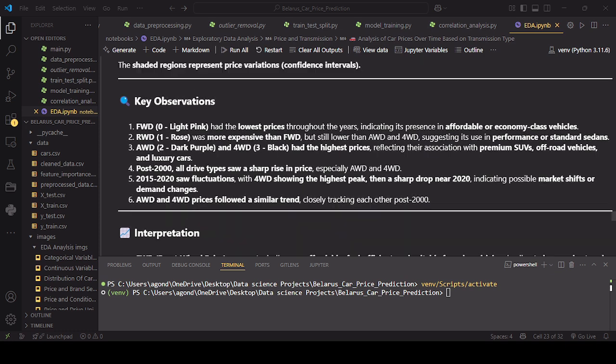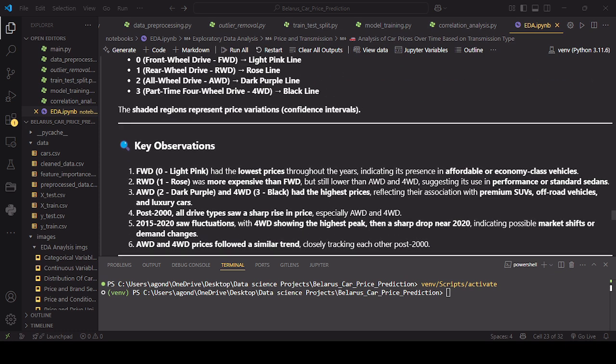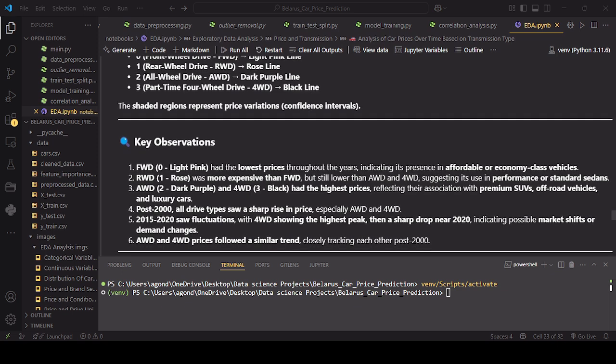First, front wheel drive has the lowest price throughout the years, indicating its presence in affordable and economic class cars. Rear wheel drive vehicles were more expensive than them and still lower than all-wheel drives or four-wheel drives, suggesting use in performance vehicles.